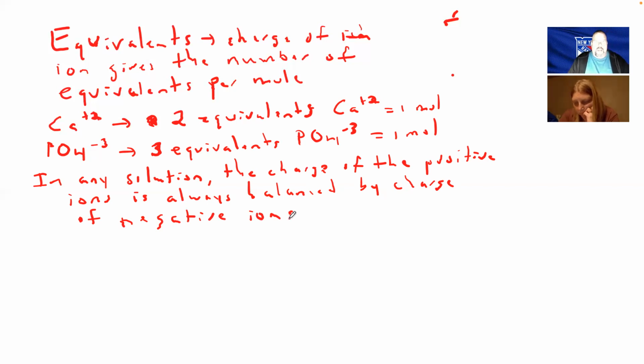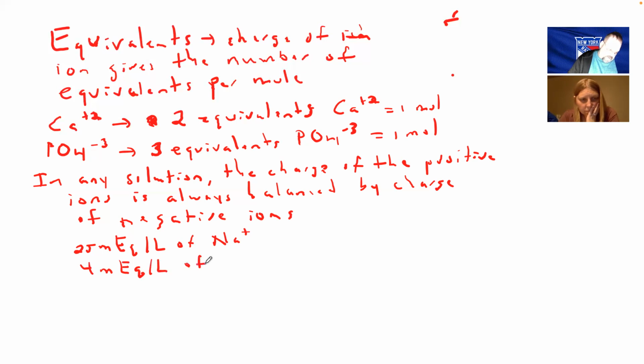So for example, if you had a solution where you had 25, and they use milliequivalents a lot instead of actual equivalents, per liter of sodium ions, and you had 4 milliequivalents per liter of potassium ions, you would have to have 29 milliequivalents per liter of something with a negative charge associated with it.